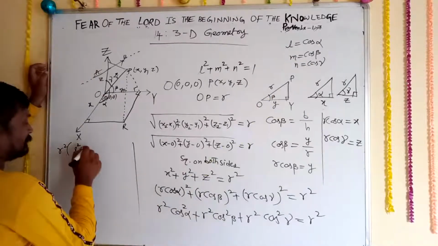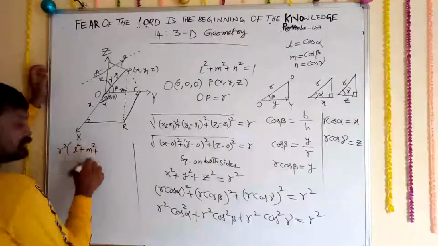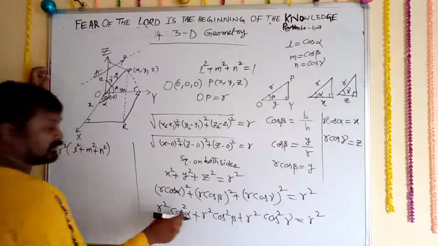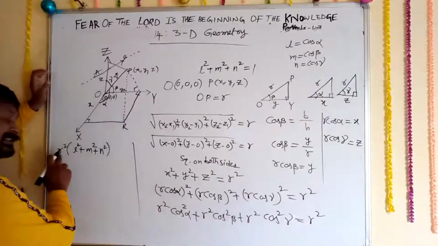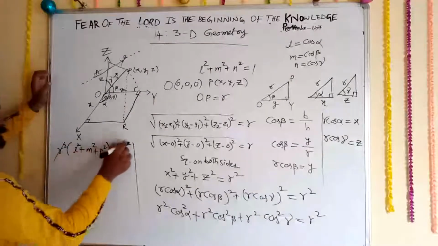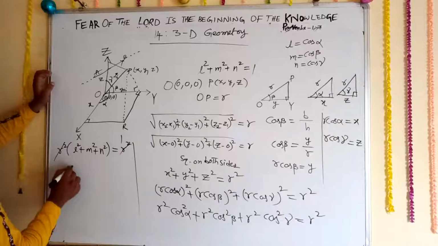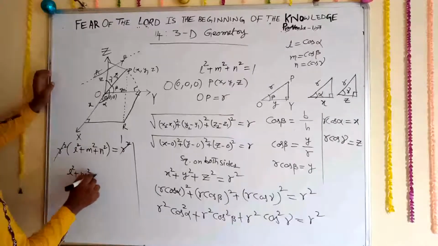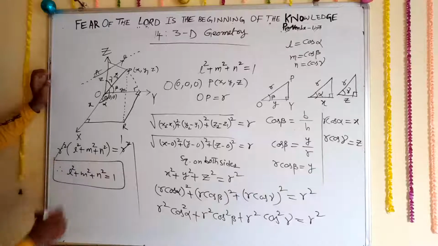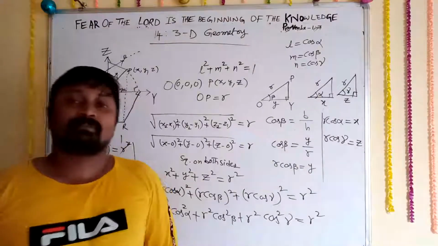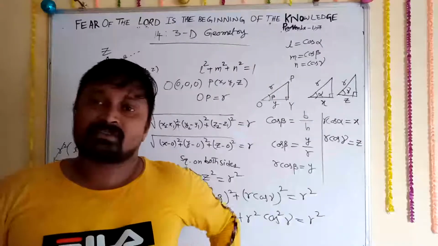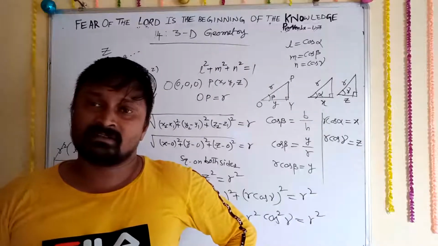Then cos square beta means m square. Then cos square gamma means n square. So in all places r square is common, that is equal to r square. So r square cancels with r square, so l square plus m square plus n square is equal to 1. In this way, you are going to get l square plus m square plus n square is equal to 1. So that you have to understand.